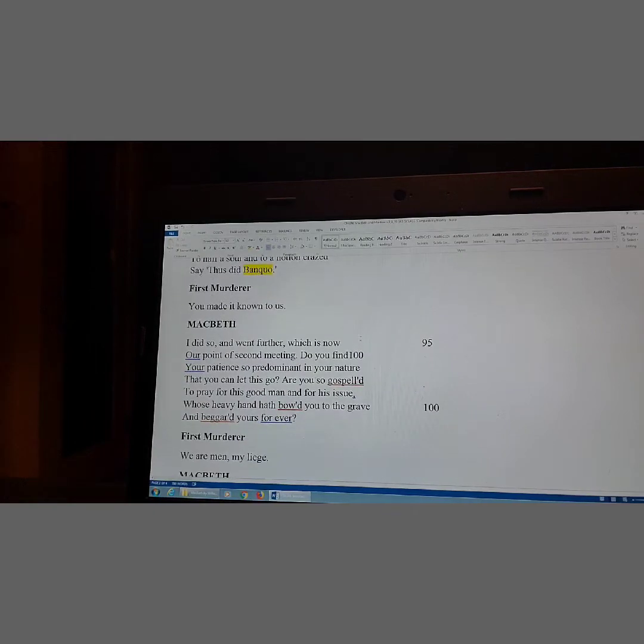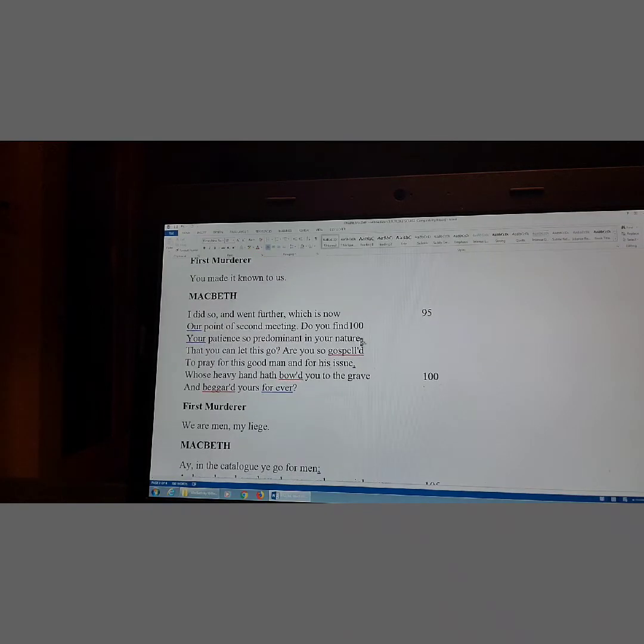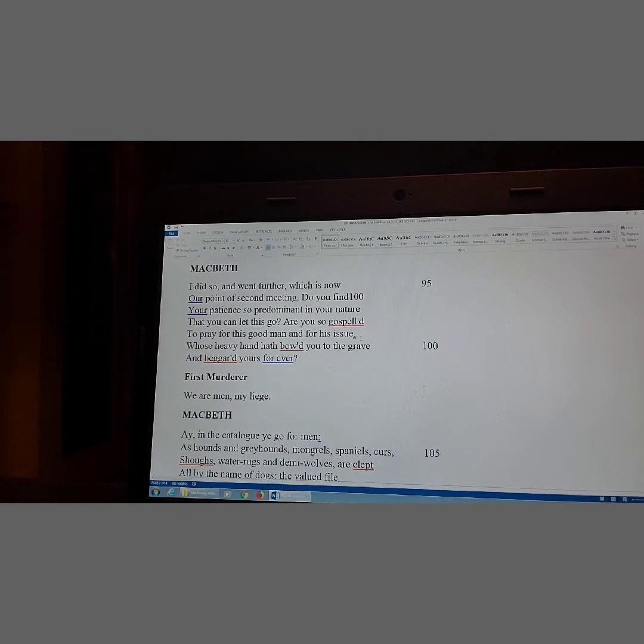All right, "You made it known to us," right? So it says the first murderer, and Macbeth says, "I did so, and went further, which is now our point of second meeting. Do you find your patience so predominant in your nature that you can let this go?